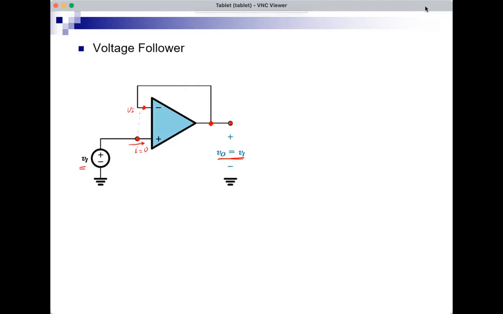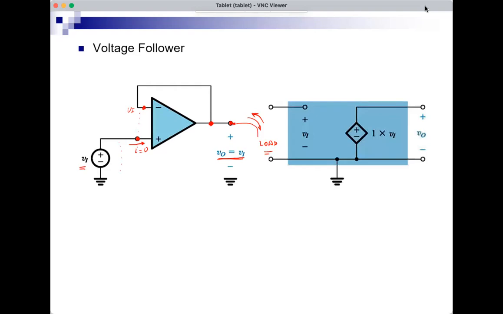And now I can connect any load here that can take any current, and the output voltage would still be equal to VI. So while connecting the load directly here was not possible, now it becomes possible with the voltage follower.